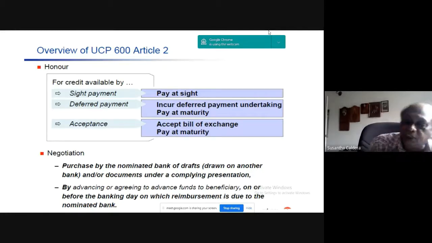We will advance the money to you. Then you are 100% sure the issuing bank will send you the money on the 90th day, because the bill of exchange has been accepted. Whether the applicant pays or not, they will get the money. The issuing bank will pay.